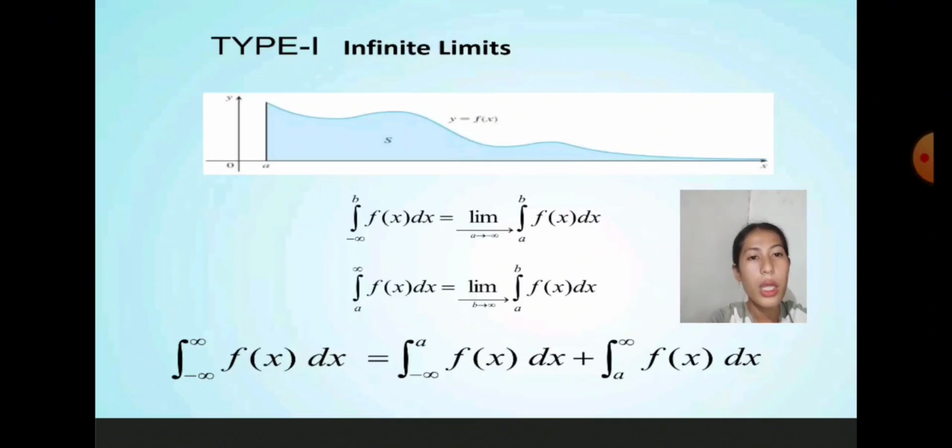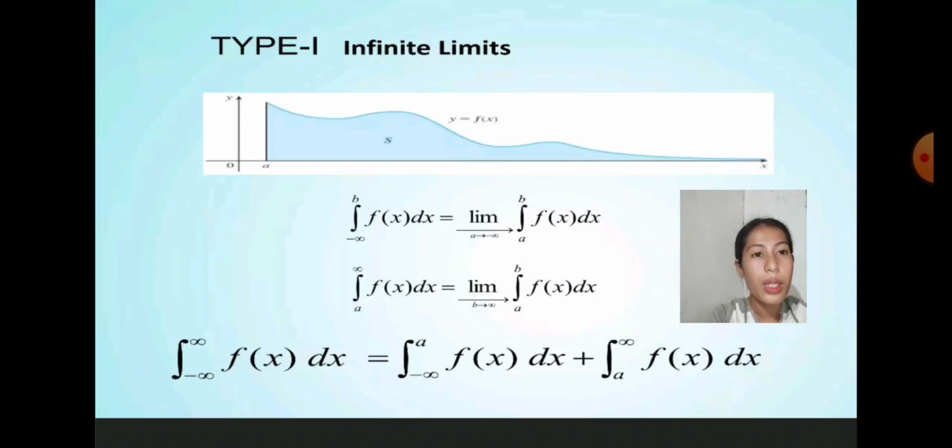The integral of f(x) dx from negative infinity to b is equal to the limit as a approaches negative infinity of the integral of f(x) dx from a to b. The integral of f(x) dx from a to infinity is equal to the limit as b approaches infinity of the integral of f(x) dx from a to b.